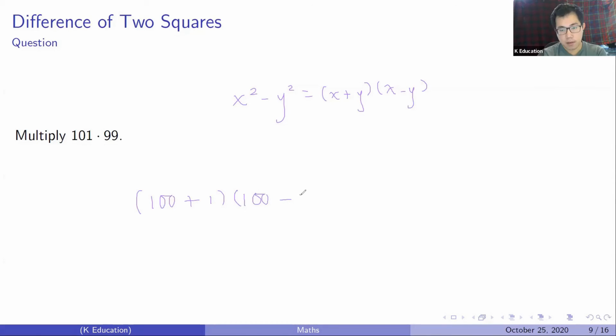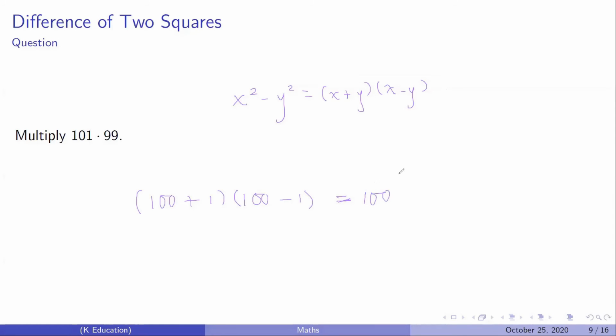Good. And this is equal to? So this is where you use the difference of two squares formula. 100 squared minus 1 squared. Exactly.